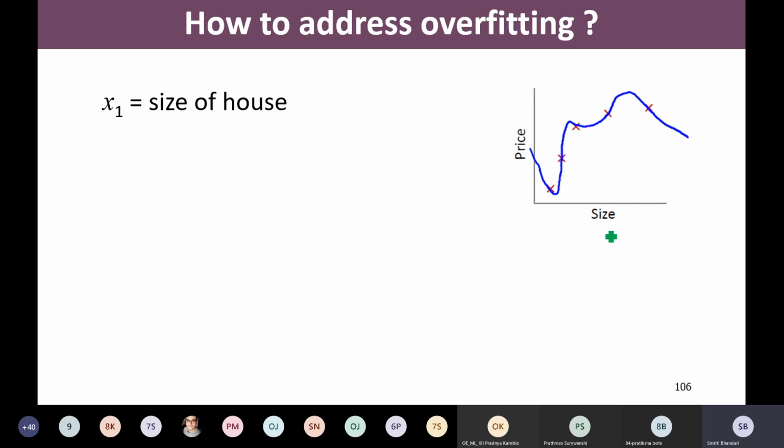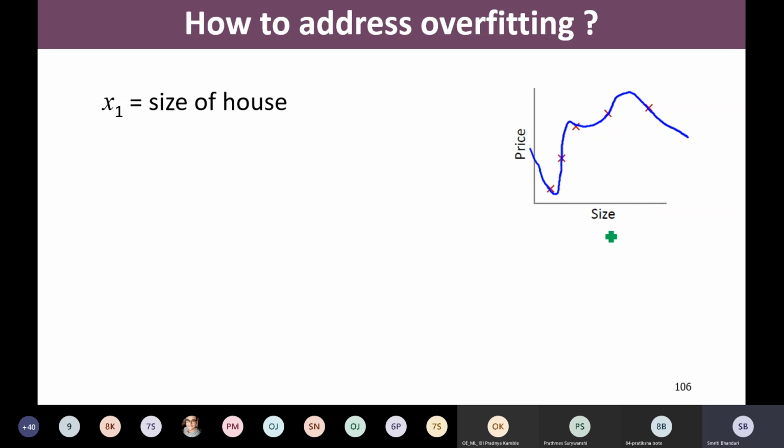Now, what is the reason why we have overfitting? The first reason that I stated is we have many features that describe a sample.